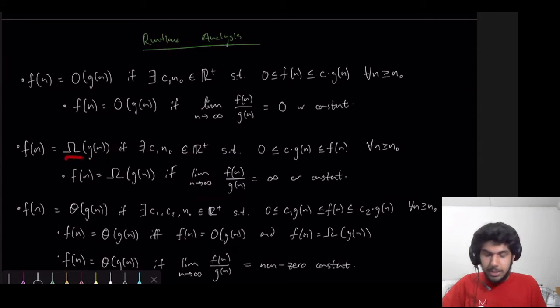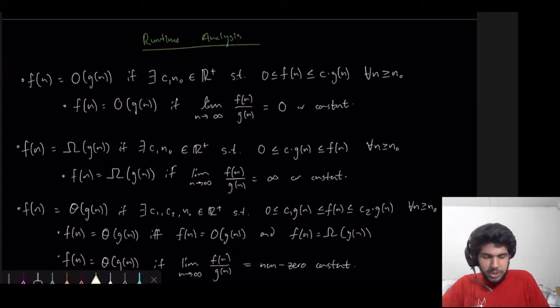Next is big omega. So f of n is big omega of g of n if we have these constants again, such that 0 is less than or equal to c times g of n, which is less than or equal to f of n, for all n greater than or equal to n naught. So very similar definitions here and here. It's just the order of these two are flipped. And the limit definition is that the quotient should equal infinity or a constant.